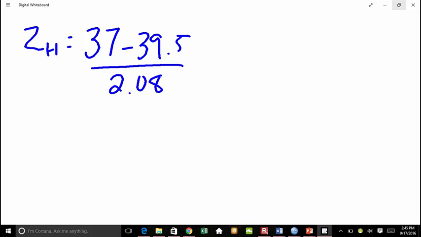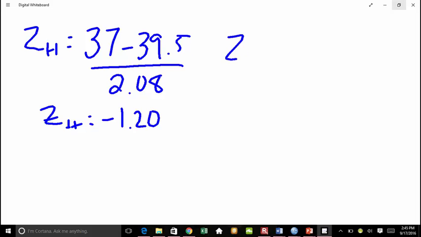Okay, and when you work that out, I'm going to do it here, 37 minus 39.5 divided by 2.08 gives us a z-score for Haley of negative 1.20. We're always going to round to 2 decimal places, so 1.20.